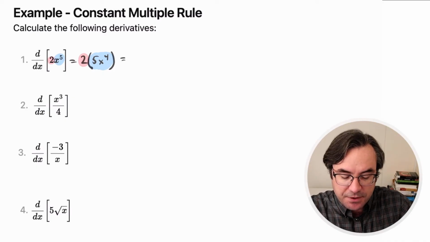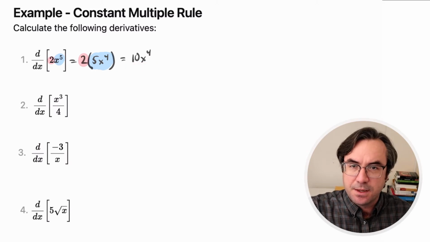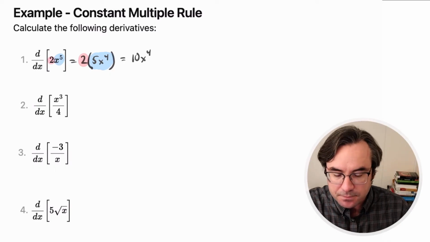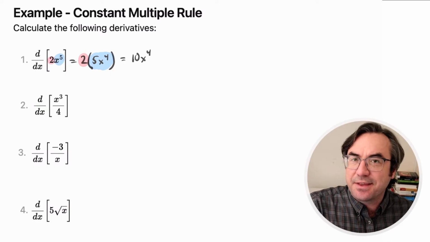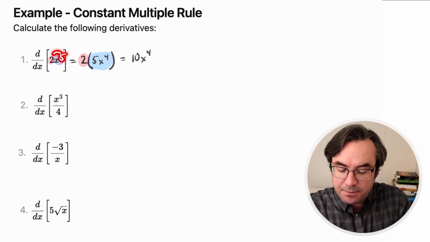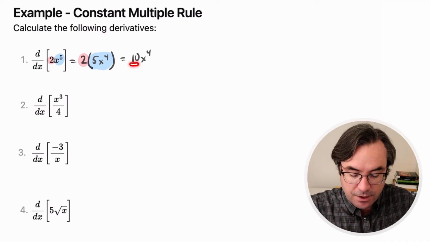We could multiply the 2 and the 5 together to get 10x to the power 4. Probably a little nicer to do this. But for right now, it doesn't hurt to show this middle step. Another way to think of this is when you do power rule, you take the 5, bring it down, and then you can multiply it with the 2 that's in front right away to get the 10.